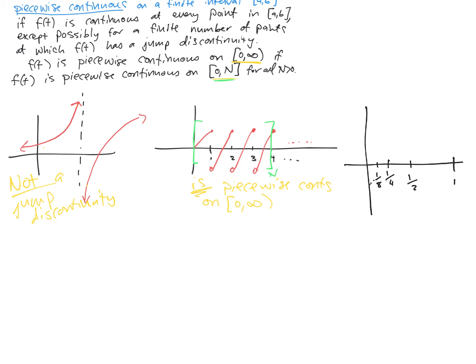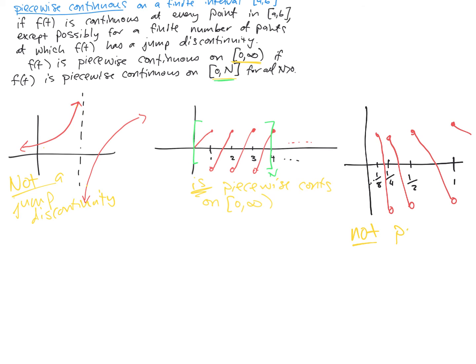So it doesn't really matter what's going on outside of there, but let's say you're jumping up like this, and you're doing that on smaller and smaller intervals. So now we're going to have an infinite number of jumps on a finite interval.